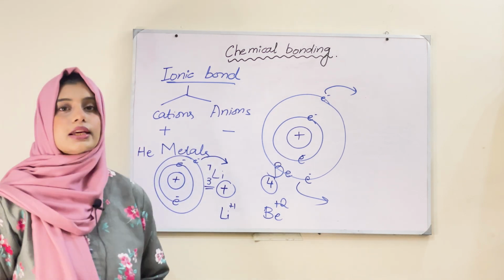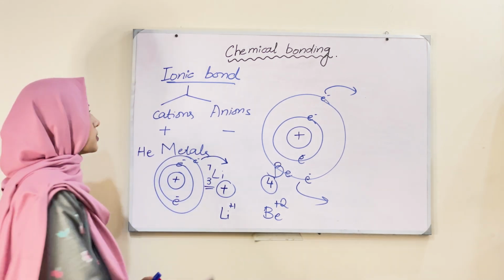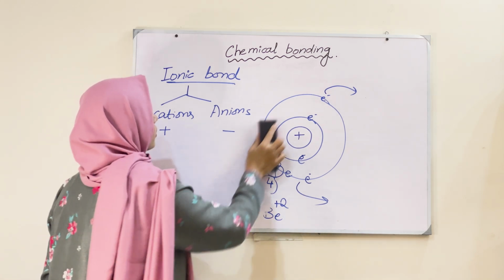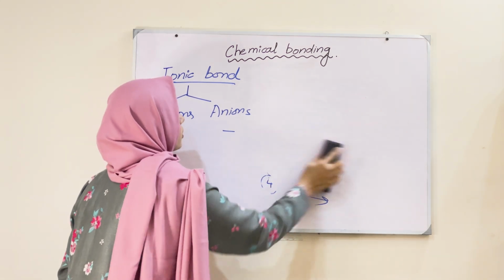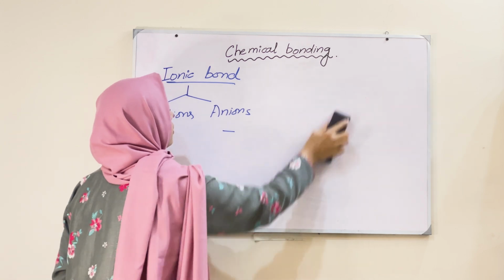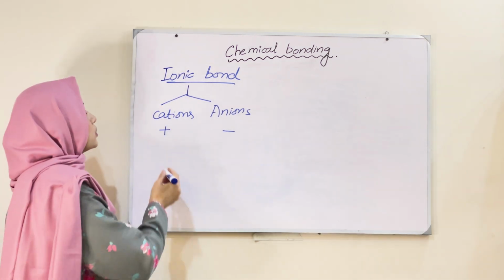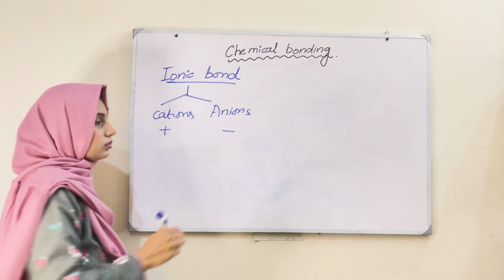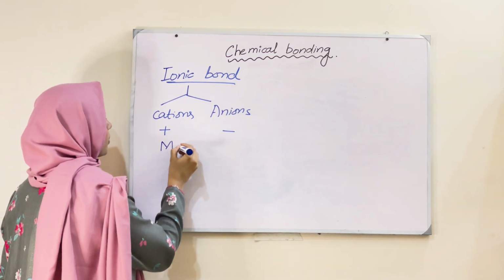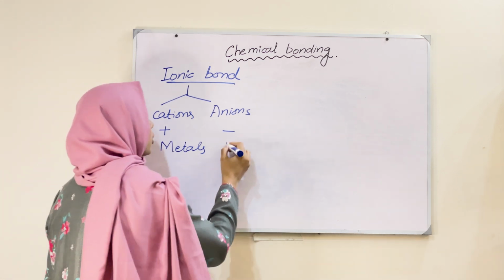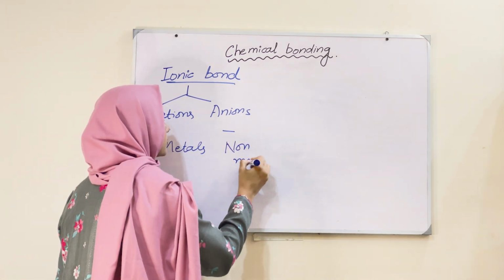Now, let's study how anions are formed. Cations are usually formed by metals, and anions are formed by non-metals.